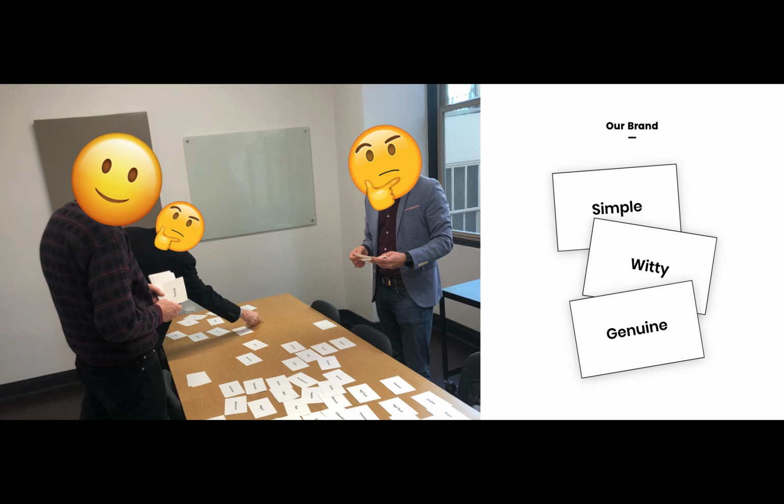And I split the deck up into however many clients are present, and I have them plot the cards on that x-axis of yes and no. We, as a company, want to be simple, witty, and genuine. And then maybe on the left side, we don't want to be dark, dystopian, and, I don't know, conservative.